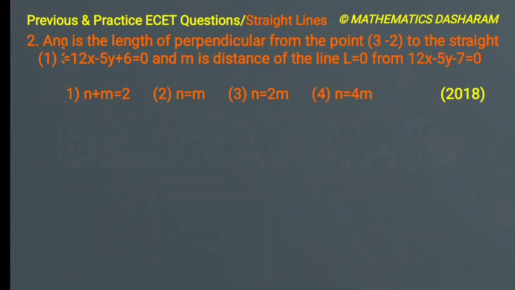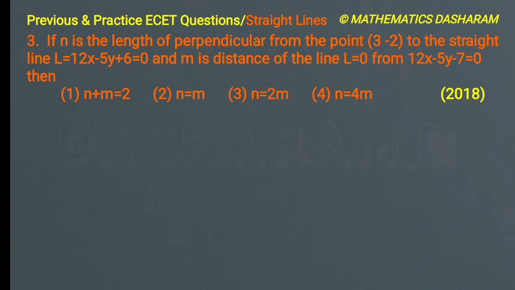Next, the third question is: if n is the length of the perpendicular from the point 3 comma minus 2 to the straight line L, 12x minus 5y plus 6 equals 0, and m is the distance of the line L equals 0 from 12x minus 5y minus 7 equals 0, then which relation will exist? So let's find out the n value first of all.